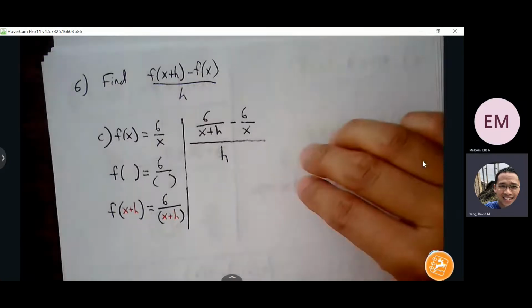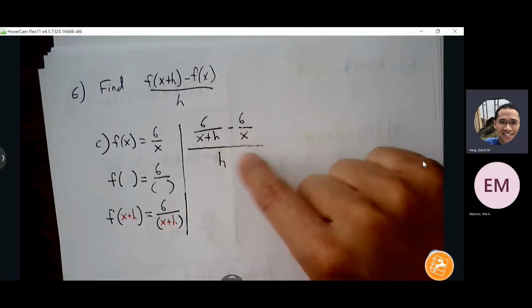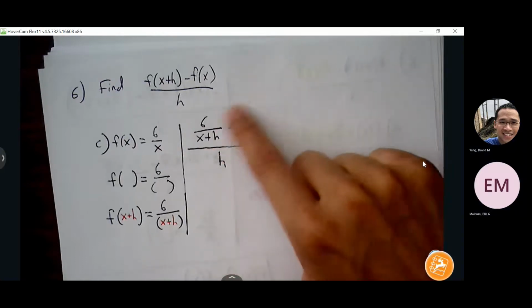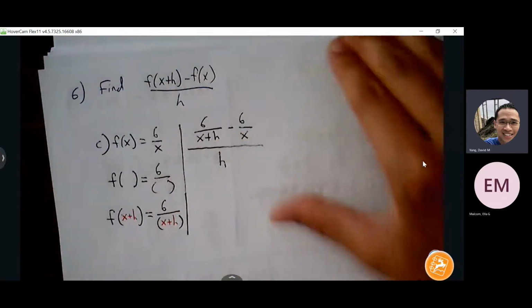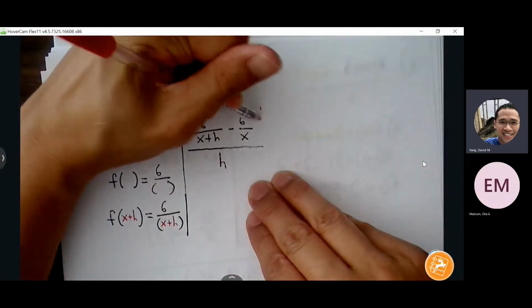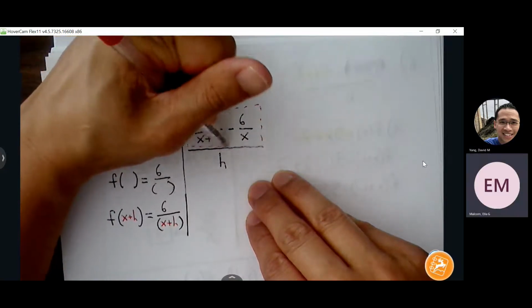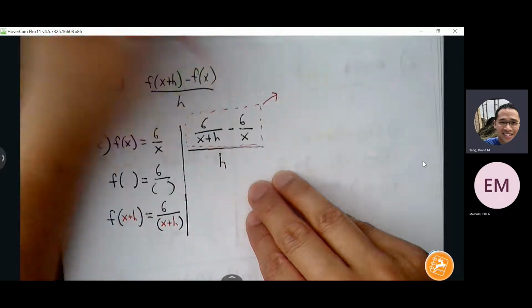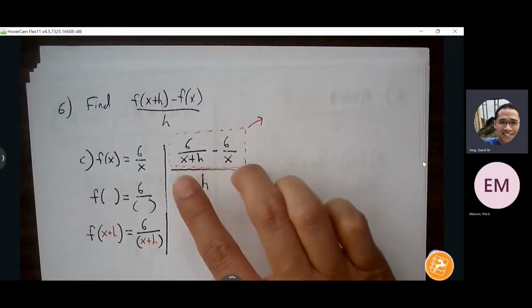So this is a little messy because we have a complex fraction, right? We have a set of fractions underneath a larger fraction. So the strategy here is we're going to take care of this piece first and find a way to clean this up. The way we're going to clean this up is to merge these two fractions together.